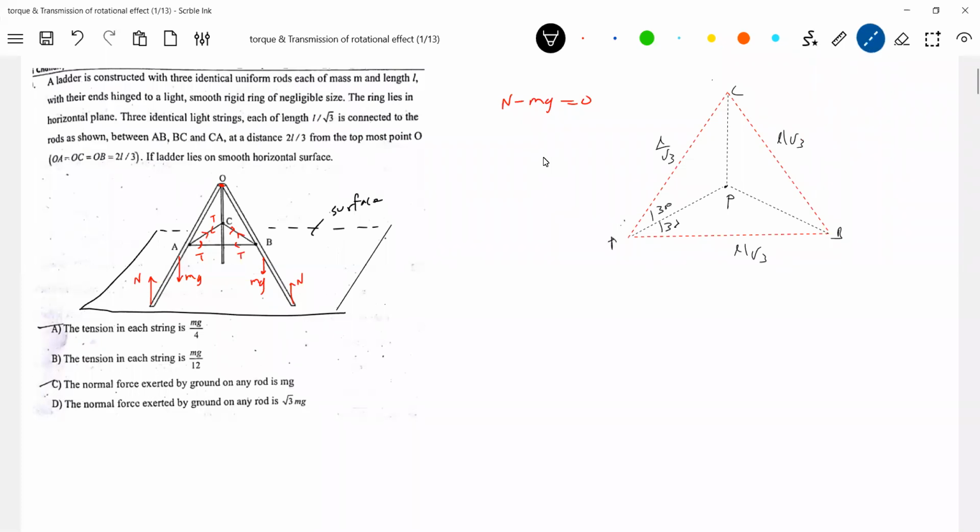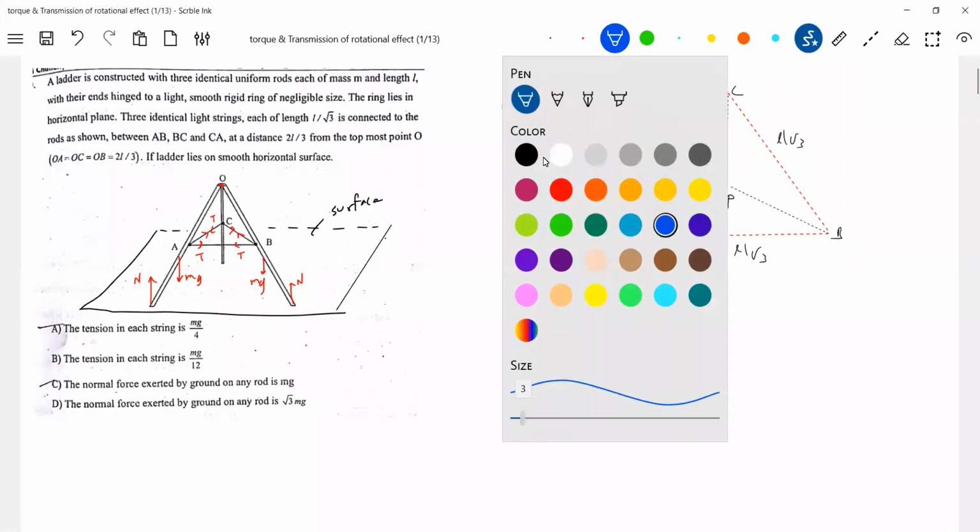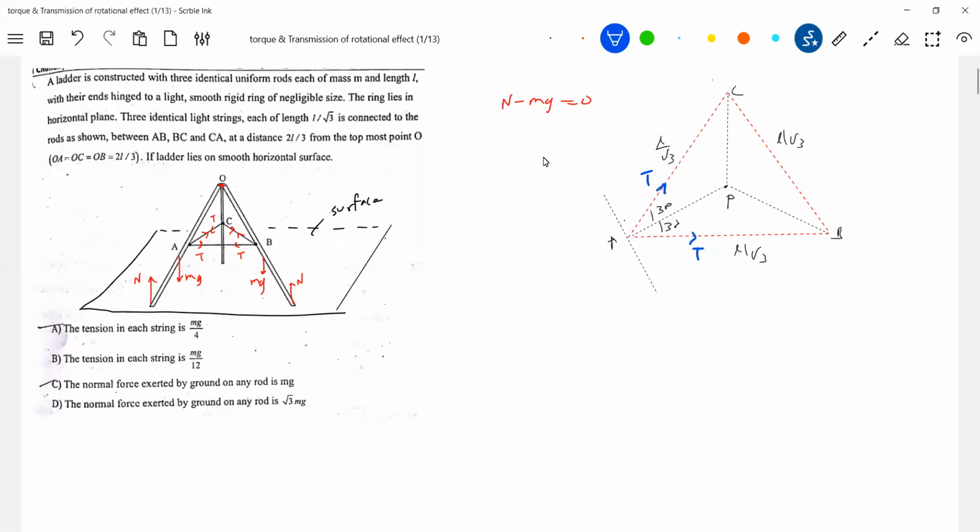Then one more, let me draw a line. So what can be the other angle? The tension here will act in this way. It's all about the geometry here. So this angle will be 60 degrees, 60 degrees.